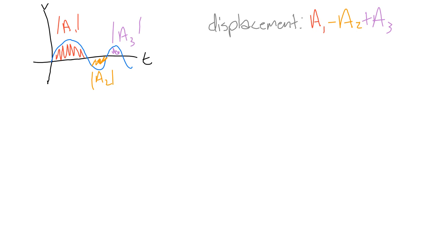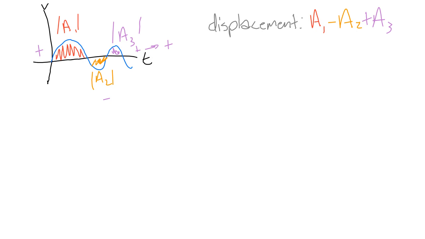Because displacement is related to the net, for example, we gained some here and then we lost some here and then we gained more here. So ultimately we have an overall gain that doesn't really paint the full picture.